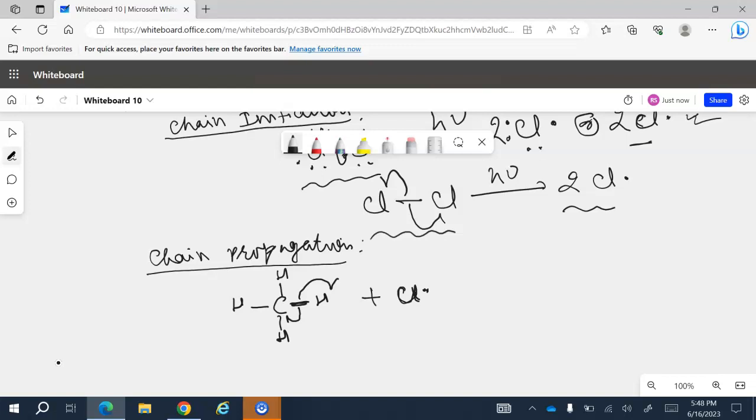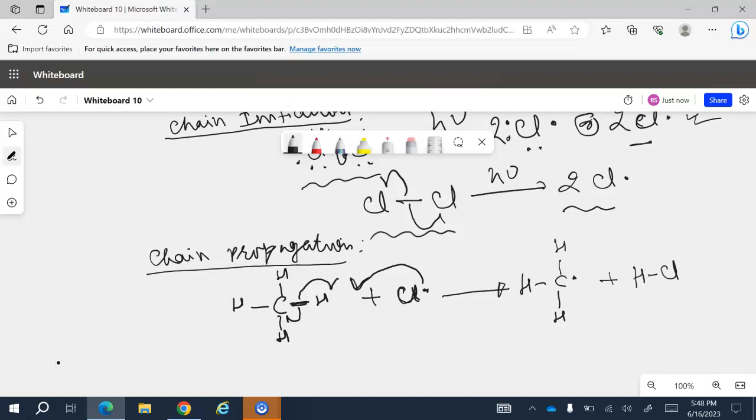Once this hydrogen radical is generated, it combines with the chlorine free radical to form the HCl bond. The result is that you have now generated a new radical: a methyl free radical, and the hydrogen and chlorine form the HCl molecule.